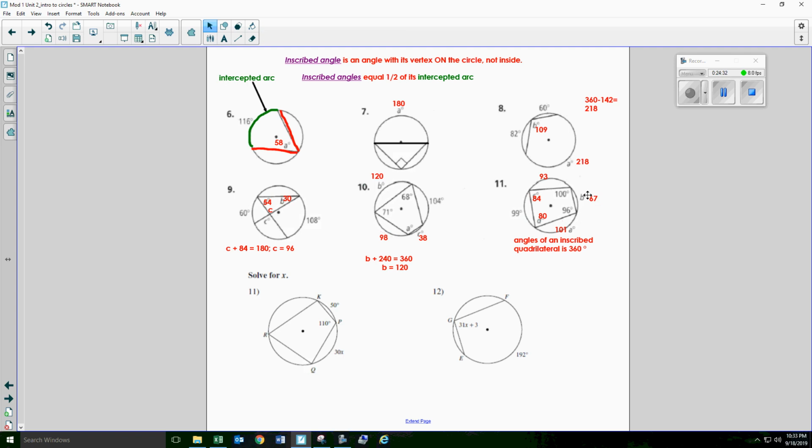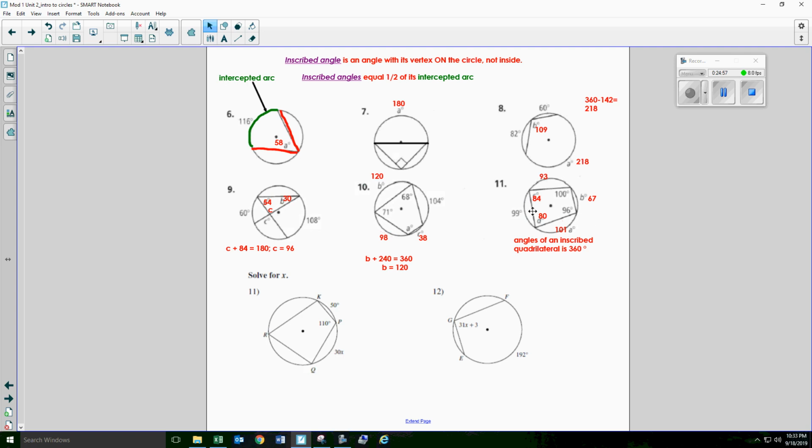So B is 67, and now I have all the angles. I could have double checked that from this arc here, 80. That means this inscribed angle has to add up to 160, and 93 plus 67 is 160. So I can double check that I did that right.